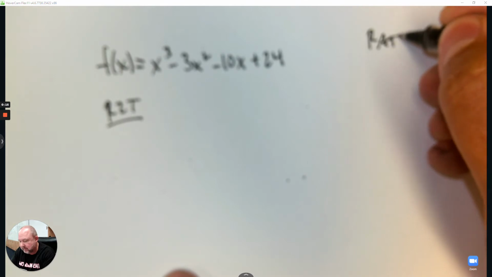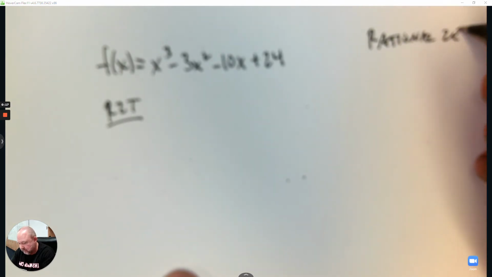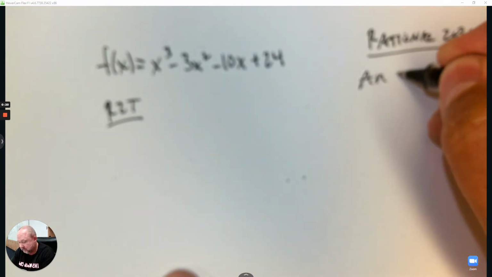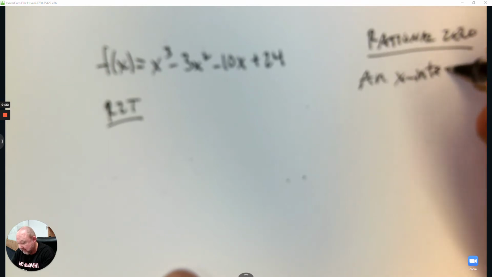So just as you remember, what is a rational zero? It's an x-intercept that you know the exact value of.